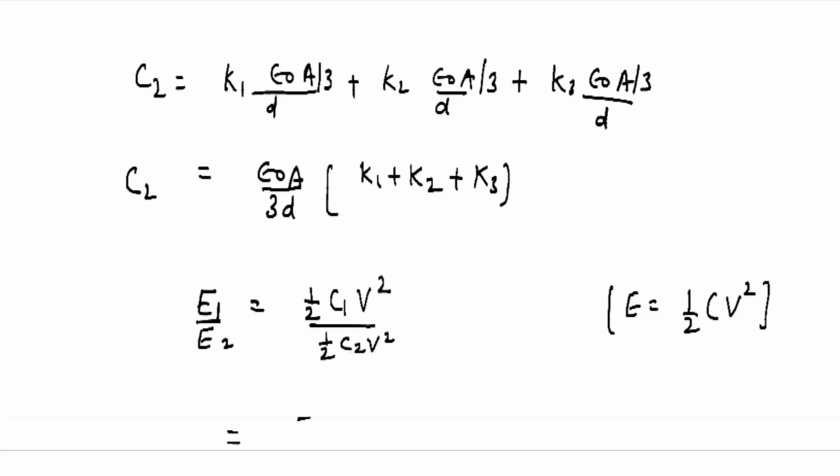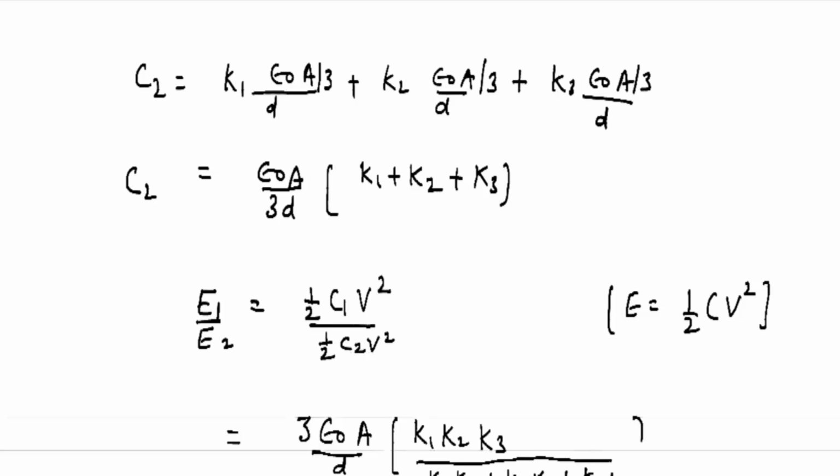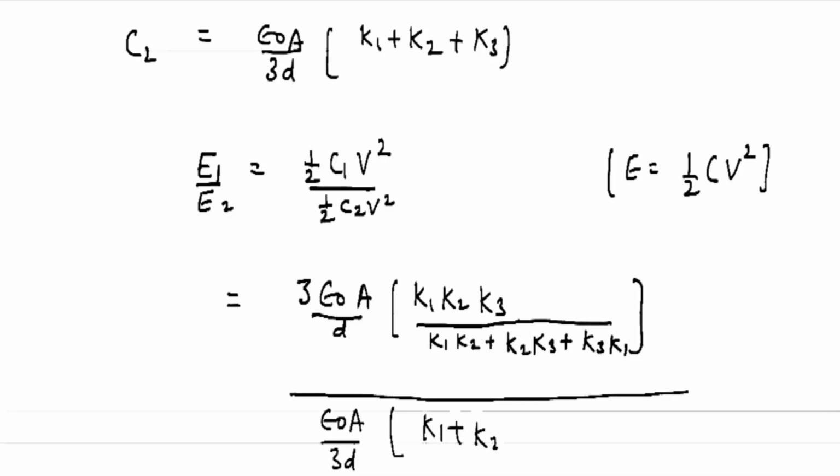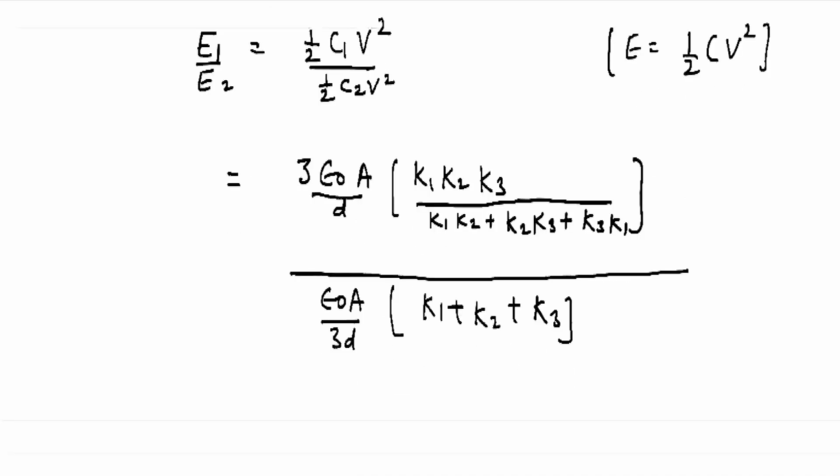The value of C1 is 3 epsilon naught A by d times K1 K2 K3 by (K1 K2 plus K2 K3 plus K3 K1), divided by C2, epsilon naught A by 3d times (K1 plus K2 plus K3).